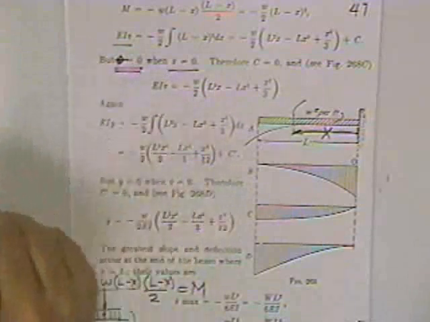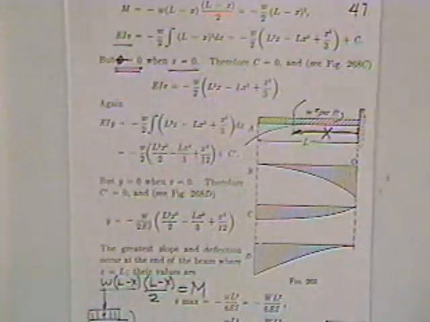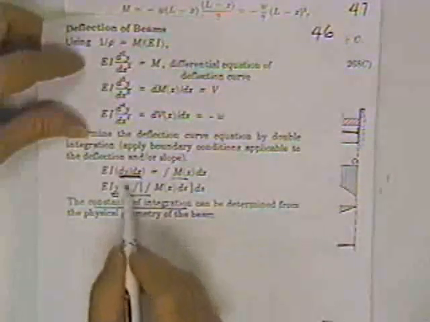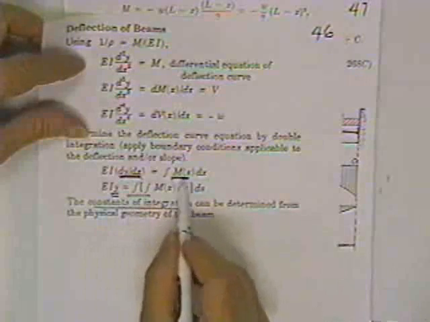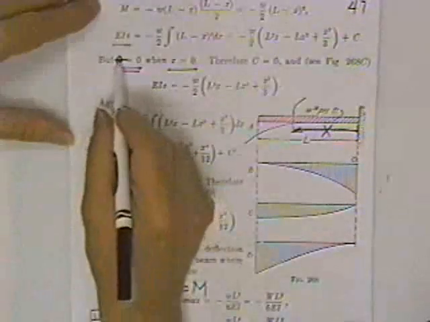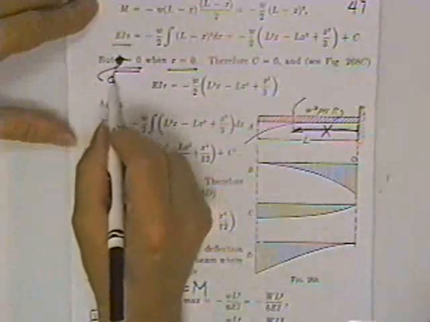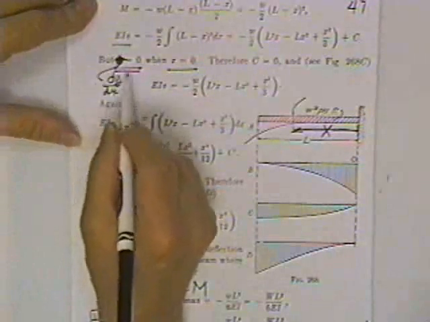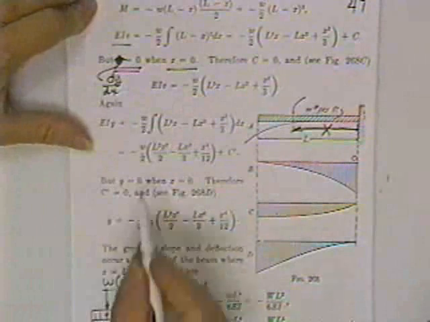In your notes, he calls the slope of the beam, well, he doesn't use a symbol for it, he just says dy dx. If you integrate the moment equation, you get dy dx. That's probably a better symbol for this. But dy dx is equal to 0.